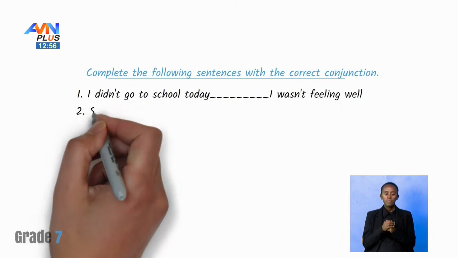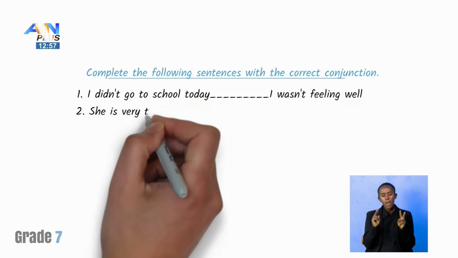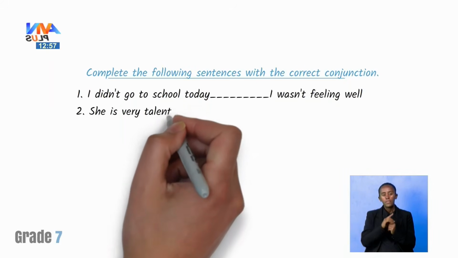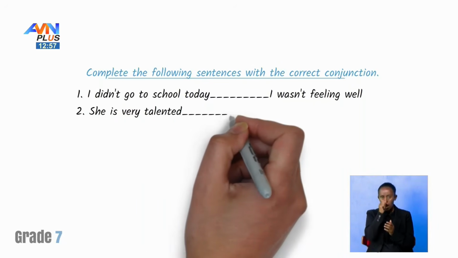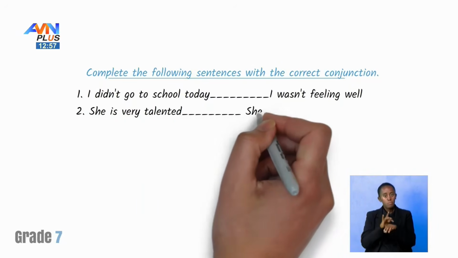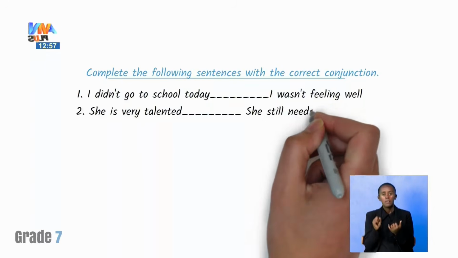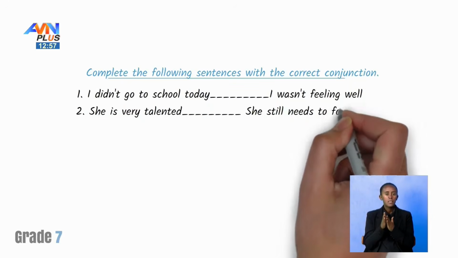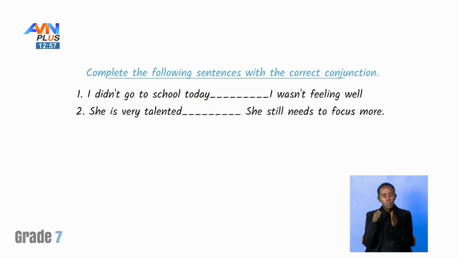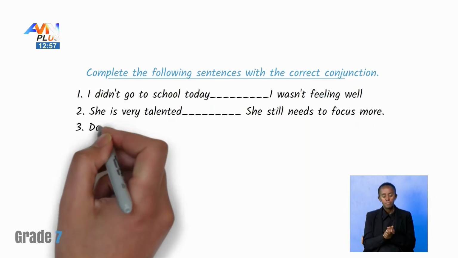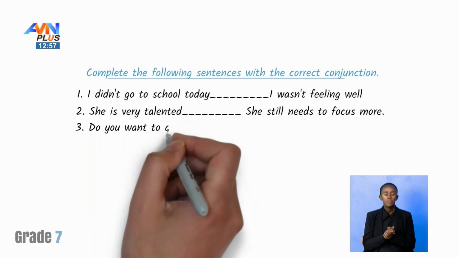Number 2: she is very talented. She's blank, she still needs to focus more. Number 3: do you want to go to the beach?